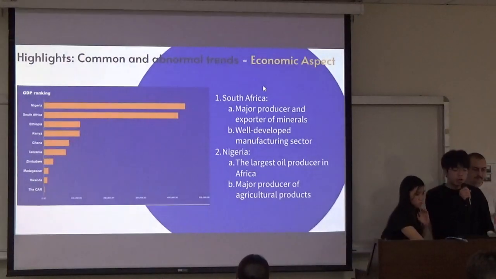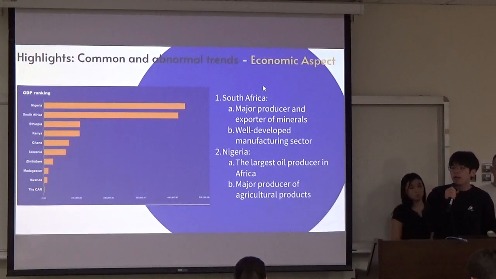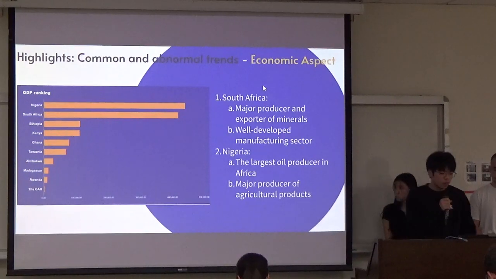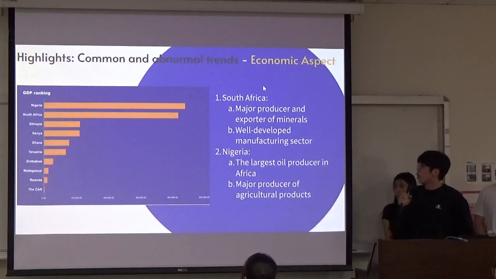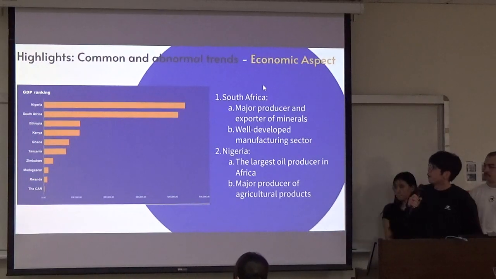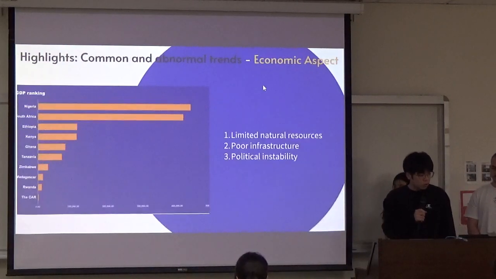We don't have much time, so we just focus on GDP and ease of doing business score. And first is GDP. South Africa and Nigeria have the highest GDP among Africa for their rich natural resources. South Africa exports precious metal and Nigeria exports oil.